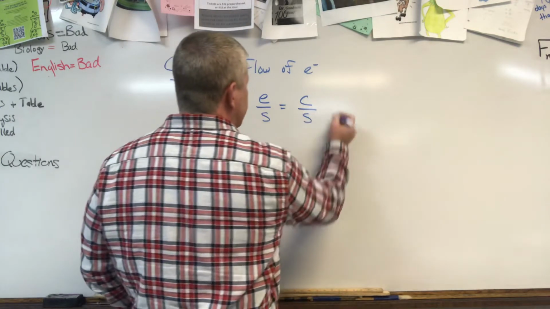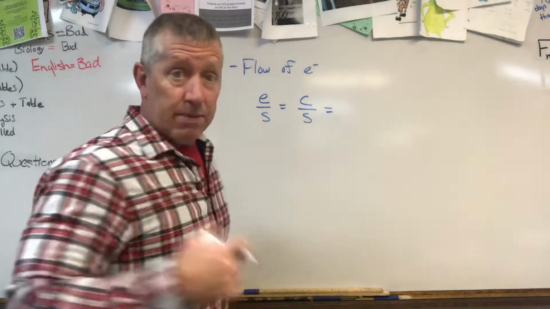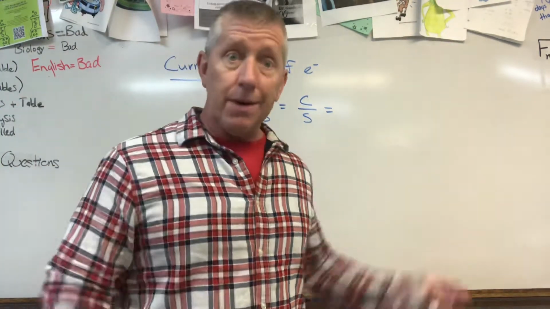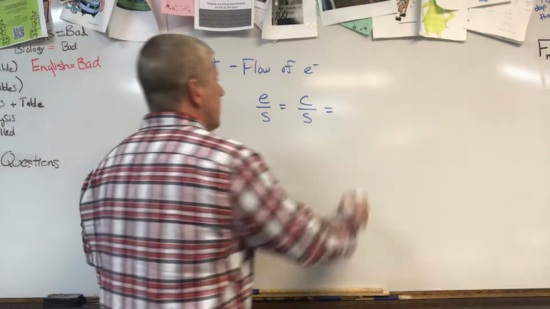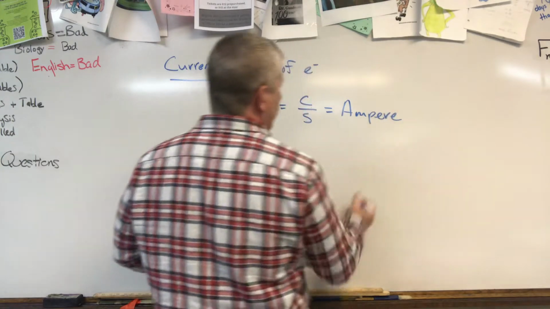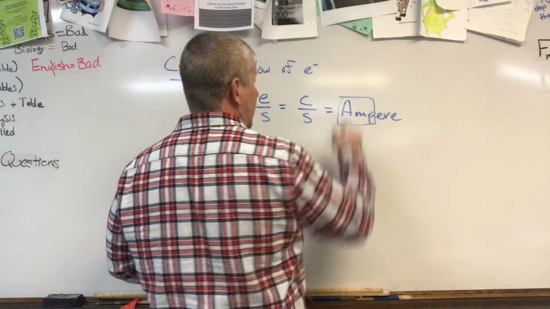A lot of times in physics, when you have a couple of units, you put them together, you get some special unit. Well, we do here. Coulombs per second is called an ampere. But we usually shorten that and say amp or amps.